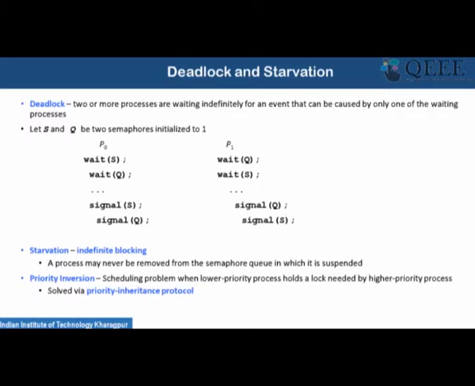Now P0 will keep on waiting on Q and P1 will keep on waiting on S. Until the critical section gets executed, P1 will not be able to signal the semaphore. Similarly, P0 will not be able to signal the semaphore. So P0 is waiting for P1 and P1 is waiting for P0.